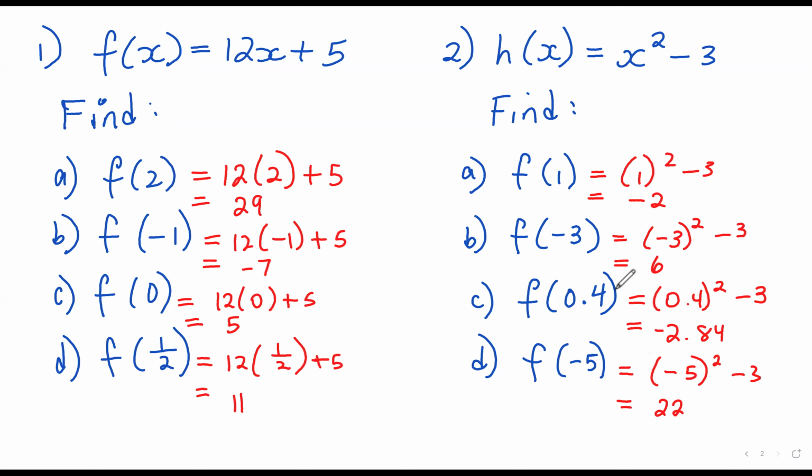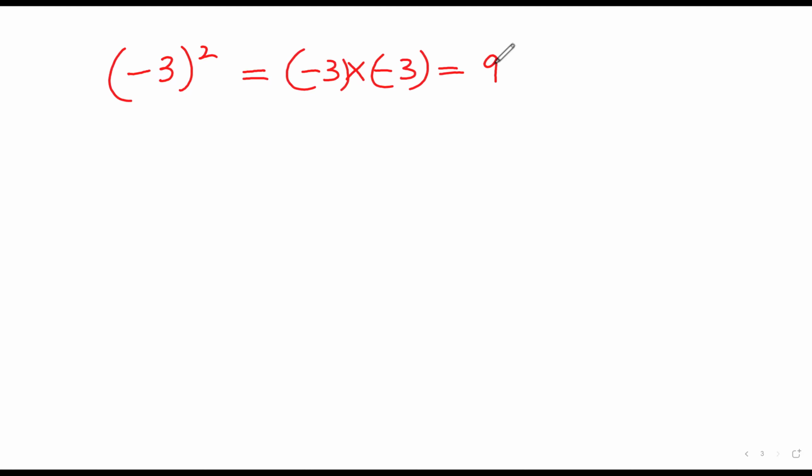Now, guys, here I want to use this opportunity just to draw your attention to something, right? If I have negative 3 all squared, this means minus 3 times minus 3, which is positive 9, right? If, however, I had a minus on the outside here, and then I had minus 3 all squared, well, you have your negative. Remember, when you have brackets, because of BODMAS, because of the order of operations, you work out your brackets first, right?